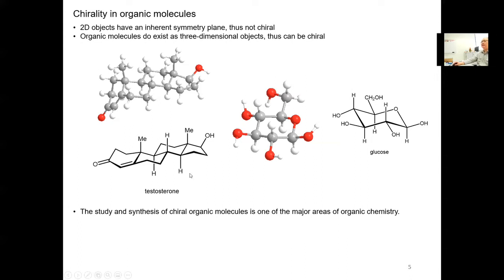Okay, and the study of synthesis of these chiral organic molecules is actually one major direction of organic chemistry. So for example, in this department, my group and Professor Pauline Chu's group are both studying the properties and the synthesis of chiral organic molecules. So basically it's a very big branch of organic chemistry that has a lot to explore.